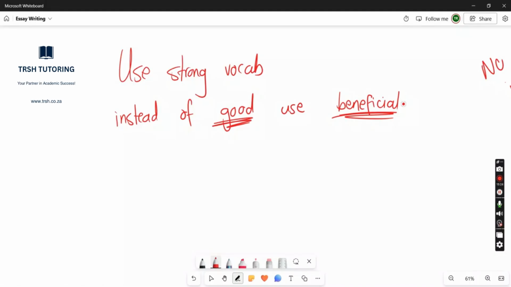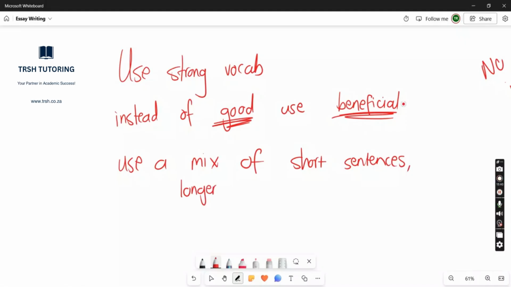And then vary your sentence structure. Use a mix of short sentences, don't write one long sentence all the time, and longer descriptive sentences.